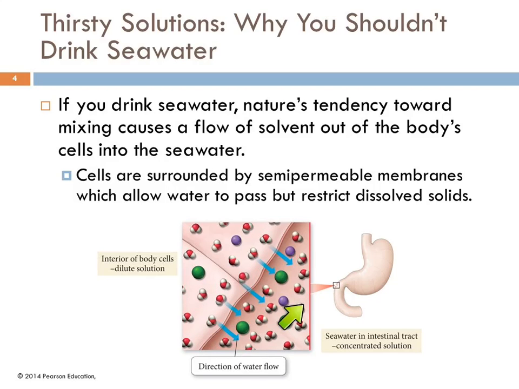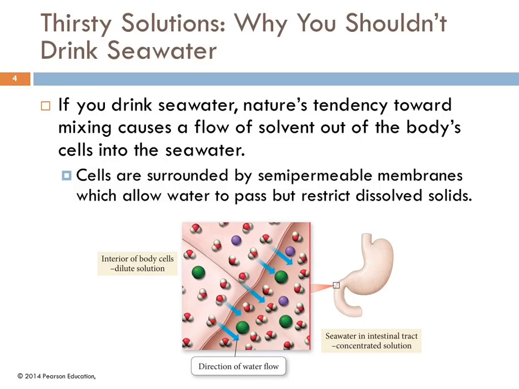And here we've got seawater in your intestines, a more concentrated solution. The walls of your cells are semi-permeable, meaning they allow some things to go through and not others. And so water molecules can go through those cells. So water will be flowing into your intestines. Water can also flow from your intestines into your cells.